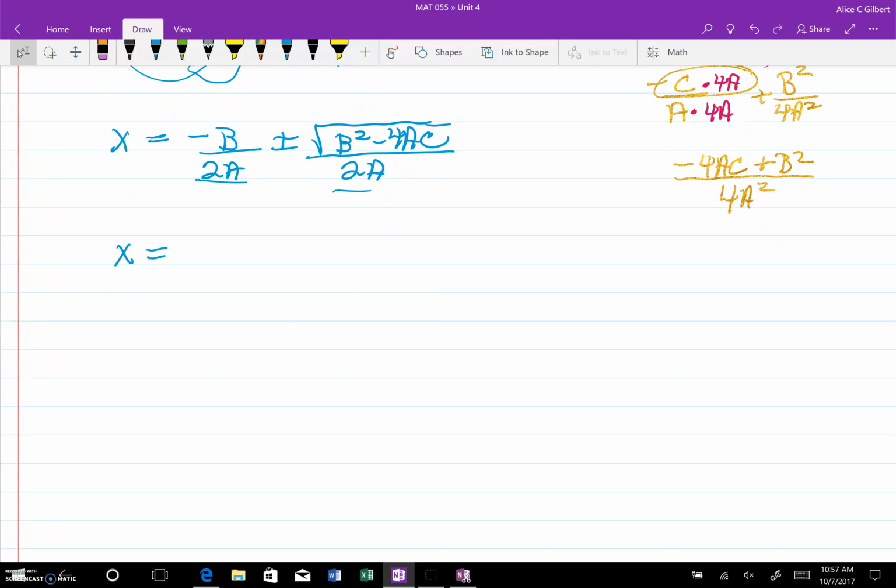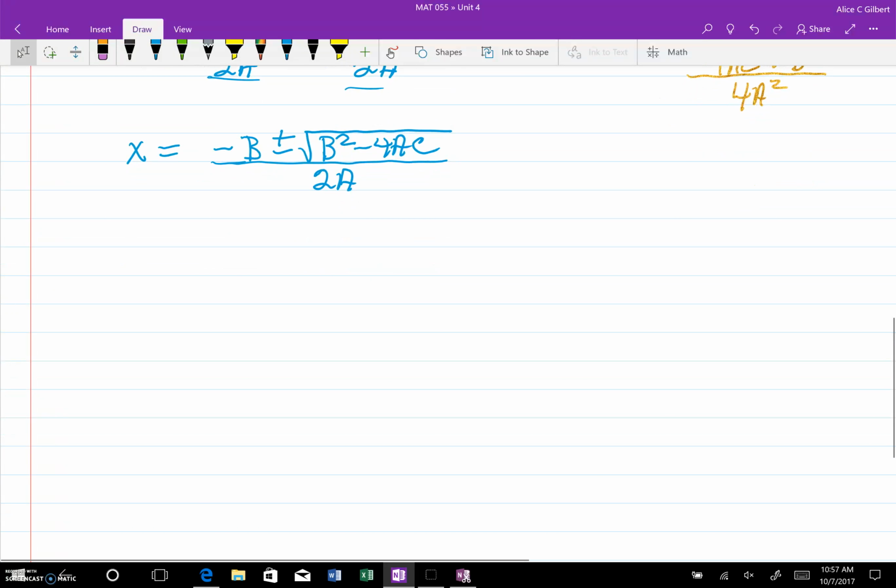So x equals negative b plus or minus the square root of b squared minus 4ac, over 2a, and there is our quadratic formula. Usually we write it with small letters: x equals negative b plus or minus the square root of b squared minus 4ac all over 2a. And that's how it came to be. So there you are if you were curious.